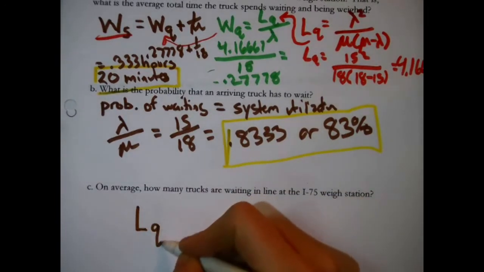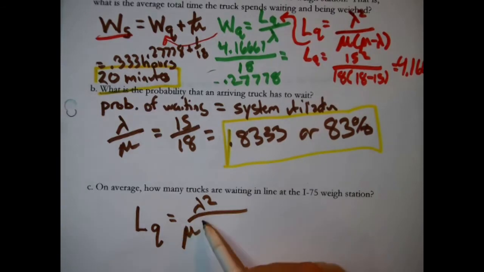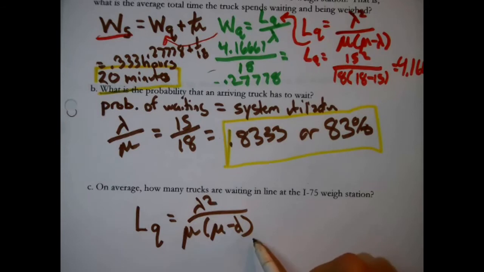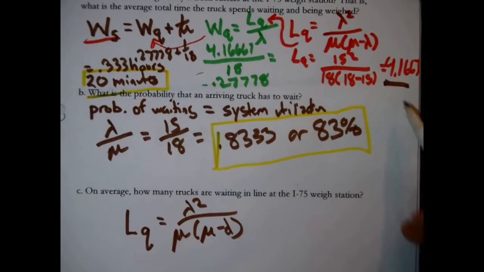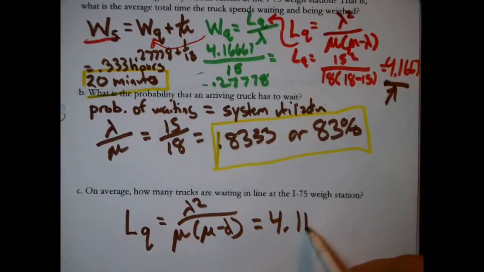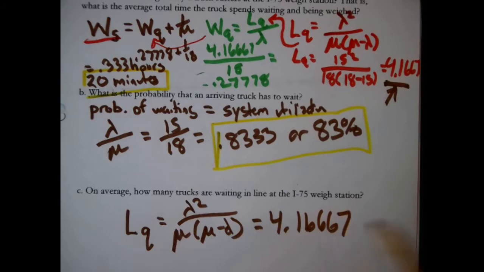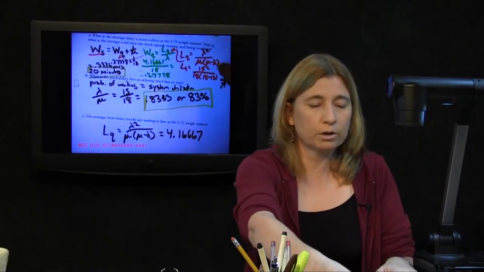Now LQ is lambda squared divided by mu times mu minus lambda. And you can put the numbers in here, but at least we could make some use of the work we had to do for the first part of the problem. We actually calculated that already. Yay. It's a little bit over 4 trucks. That's the average length of the line in front of the scales. Okay, good. That one's done.